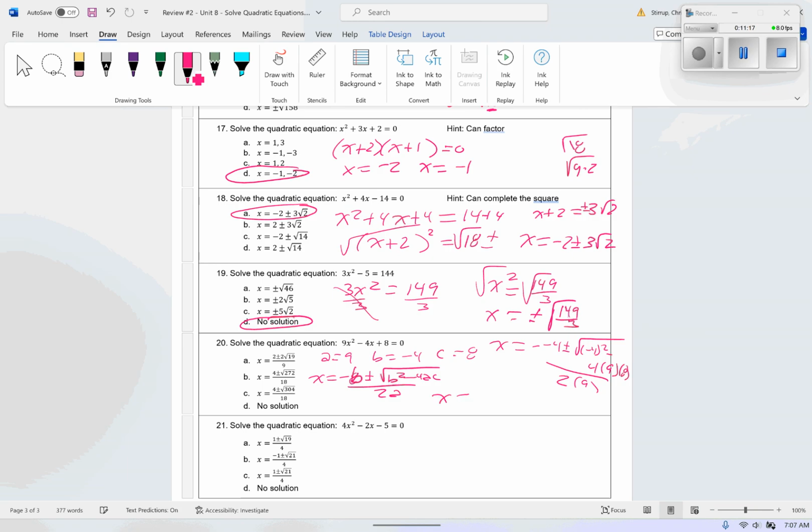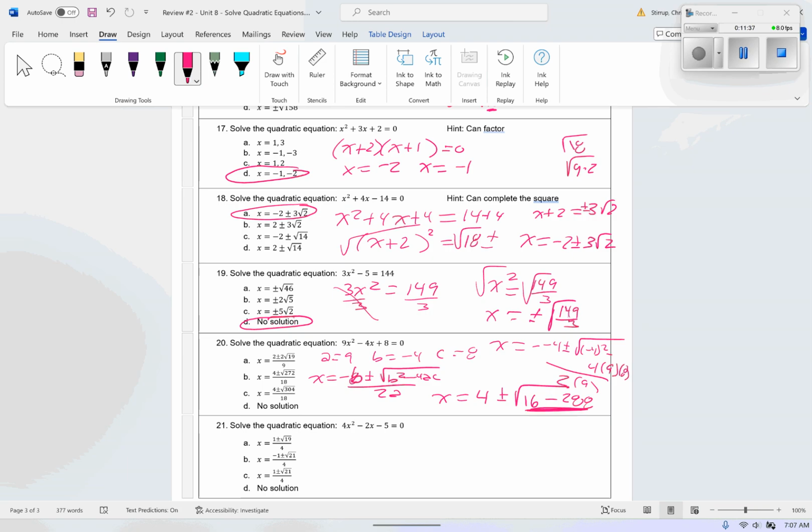So that's going to give me x equals 4 plus or minus 16 minus, let's see, 4 times 9 times -4 times 9 is -36. -36 times 8 gives me -288.